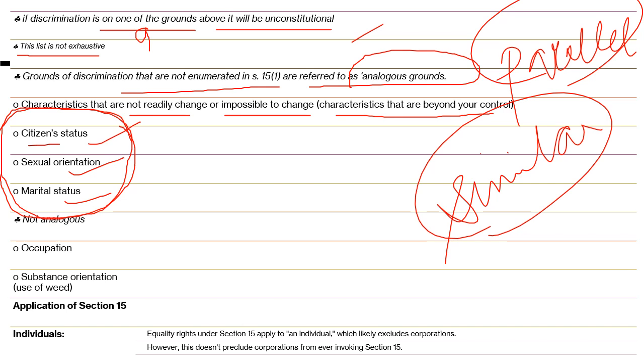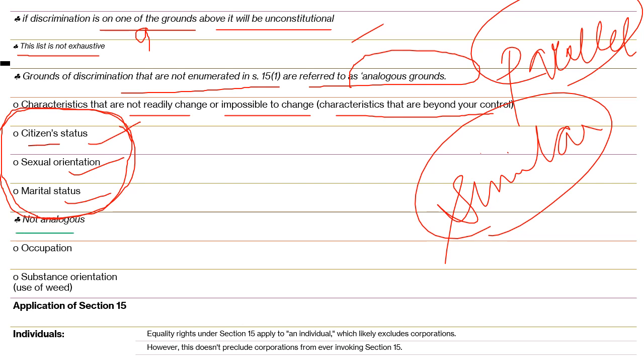Being their very nature, like citizenship status, sexual orientation, marital status, being analogous grounds, they are such that you cannot change them. So for the things that you have no control over, you have the full right to get those things protected by the law.